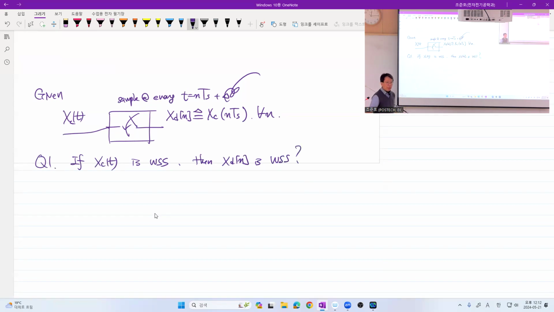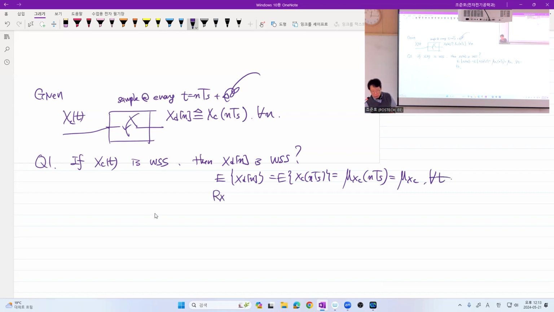What do you think? And if you remember the definitions of mean and autocorrelation functions of discrete time and continuous time random processes, you may easily see that this is simply true, because xd of n equals by definition xc of nTs, which is what? Mu sub xc evaluated at nTs. If xc is wide-sense stationary, this is the mean of x continuous time for all t.